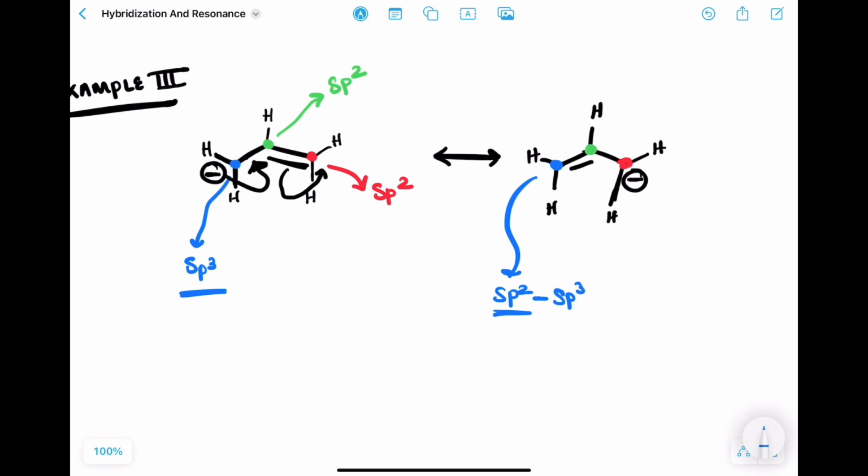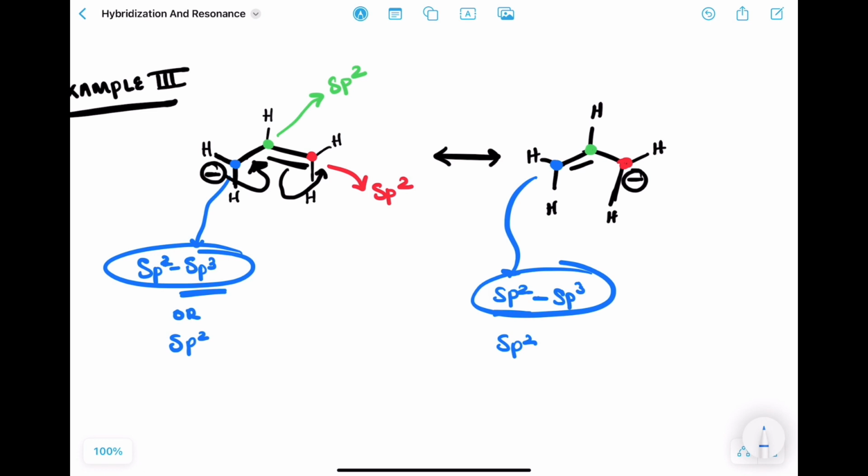We can also say sp3 dash sp2, the order does not matter, or we can just go by the lower of the two, which is sp2. So both of these could be called sp2 or sp2 dash sp3. I prefer going with sp2 dash sp3 because it indicates that I know the difference between them. So this is typically how I'll write it to show that their character is both sp2 and sp3.